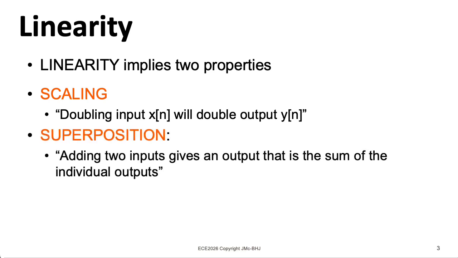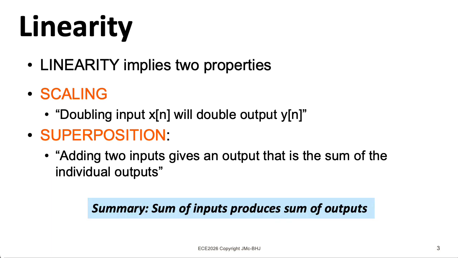You should be able to take two signals, add them together, and get the same output as if you took the two signals, individually ran them through two copies of the system, and then added the outputs. This is a tremendously useful property for a system to have because it means that if you could write a complicated input as a sum of simpler inputs and understand how the system responds to those simpler inputs, you can figure out what the output is for that more complicated input.